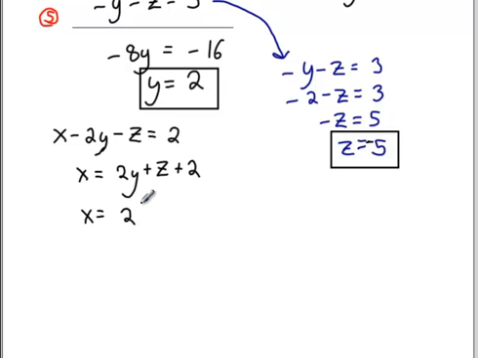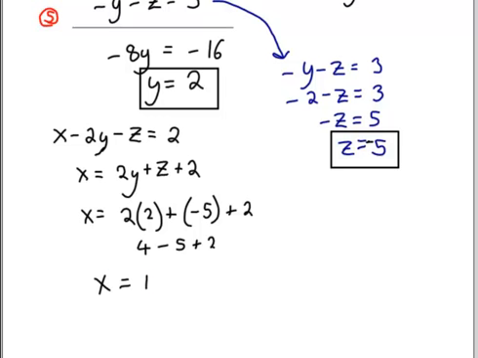So 2 times 2 plus z is negative 5 and plus 2. So that becomes 4 minus 5 plus 2. Well, 4 minus 5 is negative 1. Negative 1 plus 2 makes x equal to 1. So I get x is equal to 1.